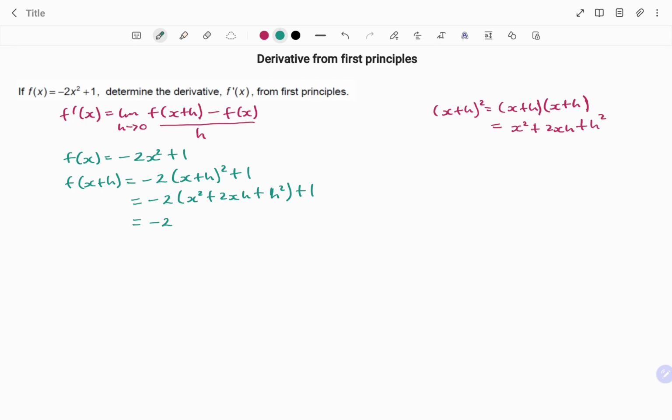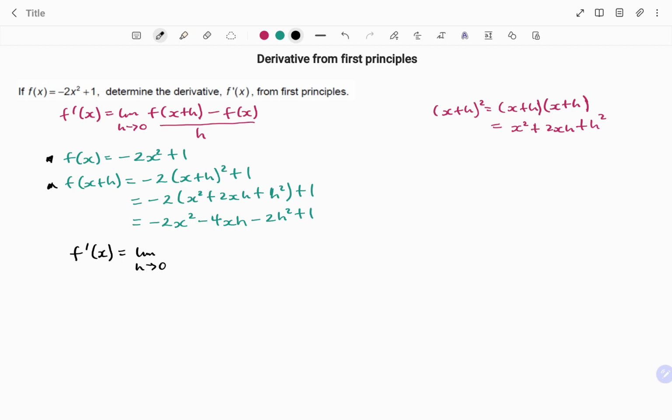My minus 2 is going to multiply every term in the bracket, so I have that as minus 2x squared minus 4xh minus 2h squared plus 1. Therefore, putting my f of x and f of x plus h back into my formula, f prime of x will be equal to the limit as h tends to 0.